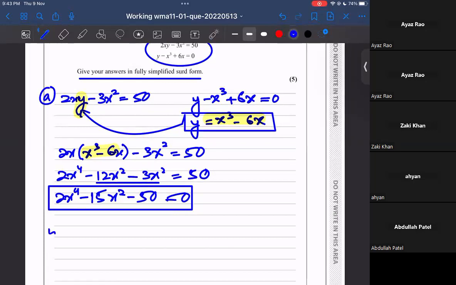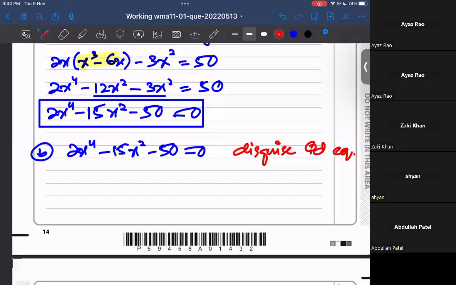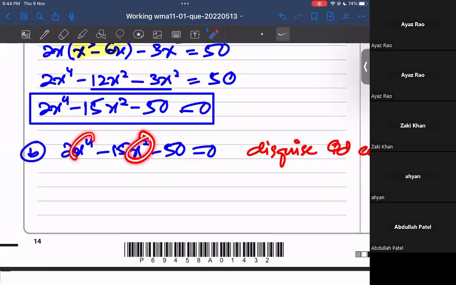Now this one is a disguised quadratic equation, as you know, a hidden quadratic equation. Why? Because the ratio between the lowest power variable and the highest power variable is 2:1. The ratio between these two variables' powers is 2:1. So we can treat this equation as a quadratic equation.